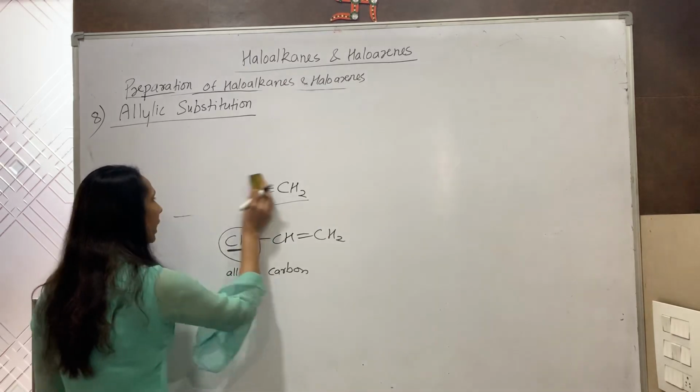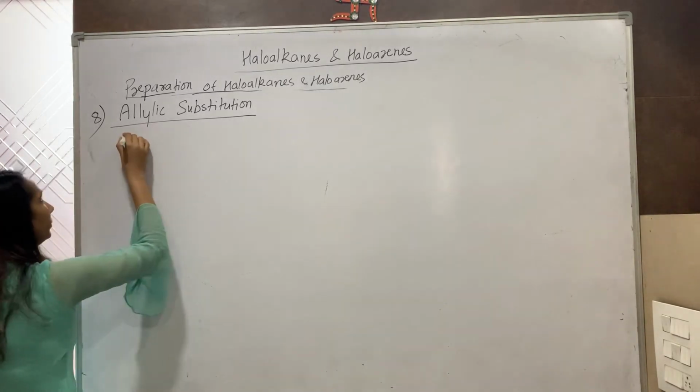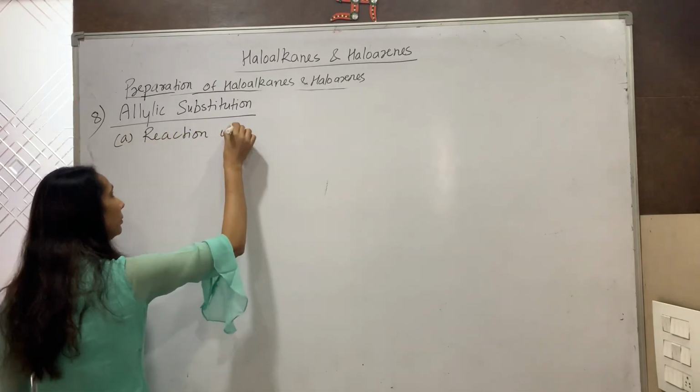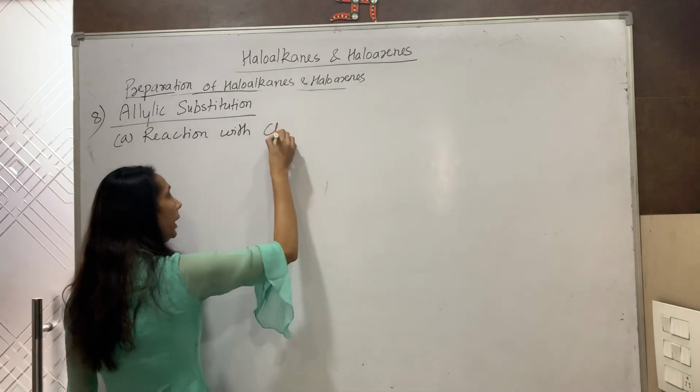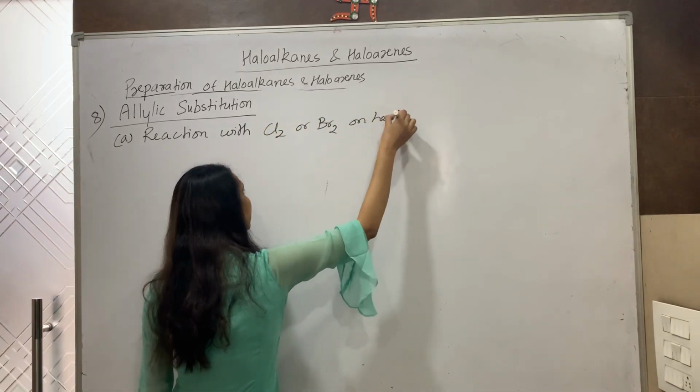Let us see how the allylic substitution takes place. A. Reaction with chlorine or bromine on heating.